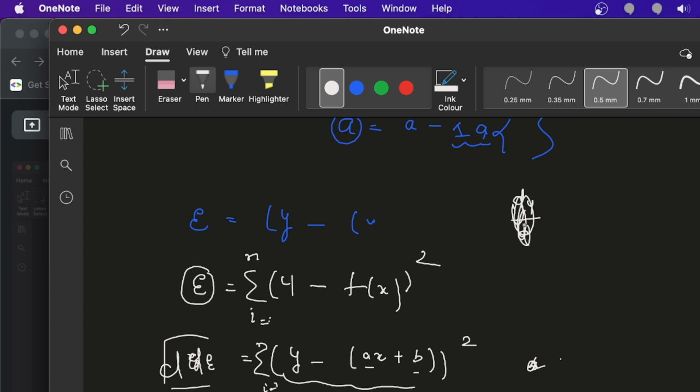After calculating, you get the value of dA, which is delta A. This is how you get the value of delta A.